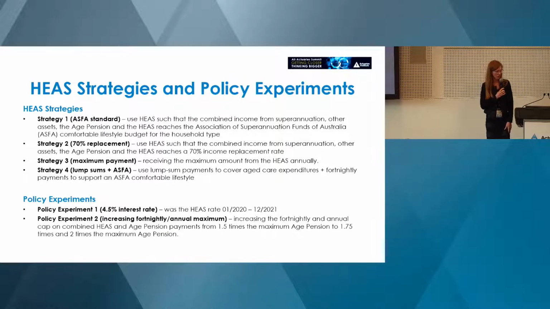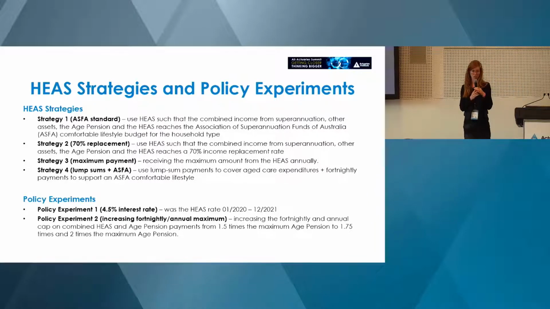Strategy 1 is using the scheme such that you achieve the ASFA moderate, comfortable lifestyle standard. Strategy 2 is borrowing with that scheme to achieve a 70% replacement rate, which you will see is not so attractive for lower wealth households, because 70% of a lower income is an even lower income. Strategy 3 is basically assessing the new lump sums that come in.